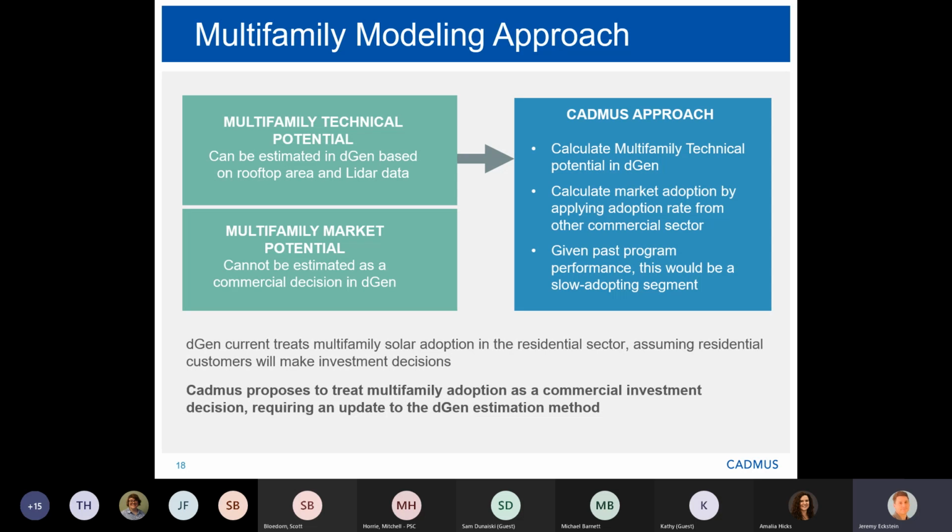Given the slower or lower uptake that we saw in the previous slide, we may want to look at a slower adoption rate based on our model outputs, but I think we'll have to evaluate the best curve when we get our model outputs.